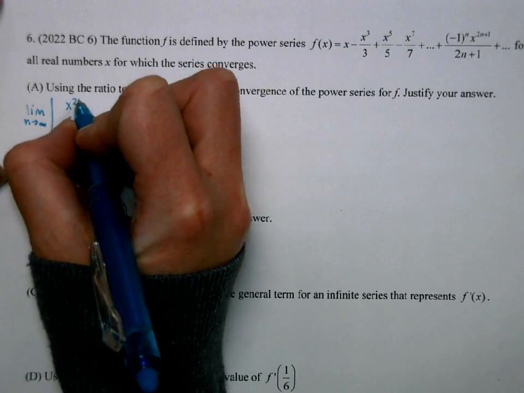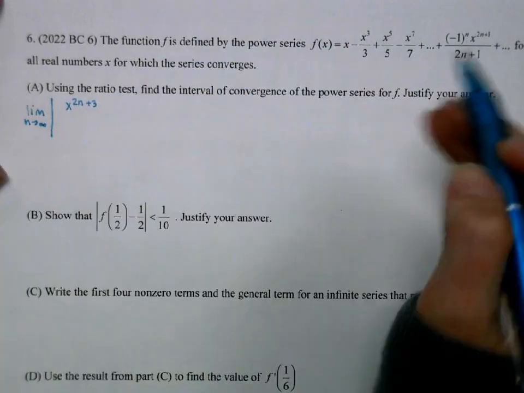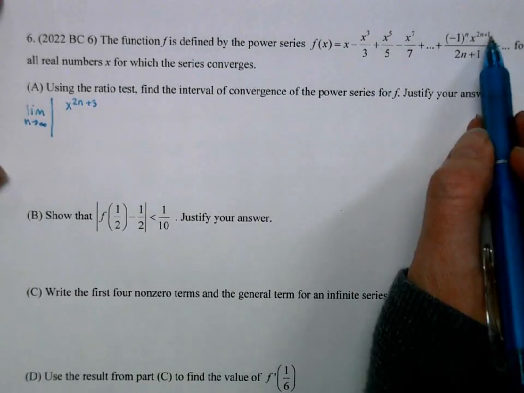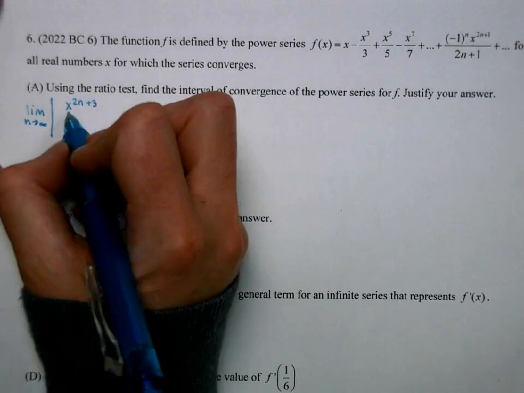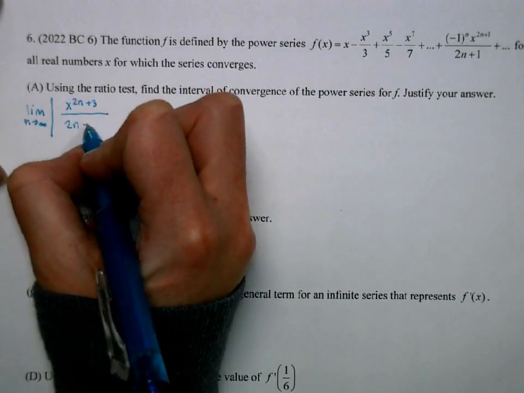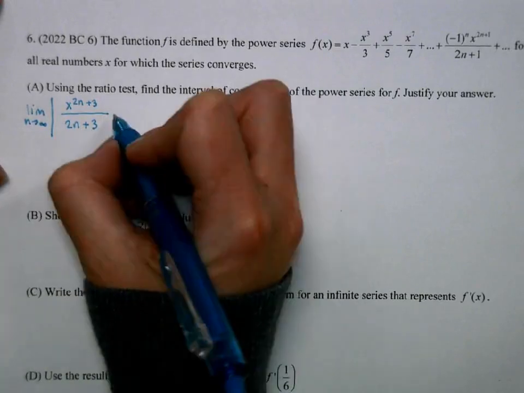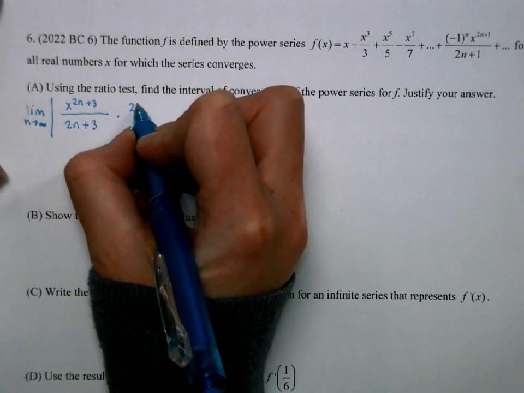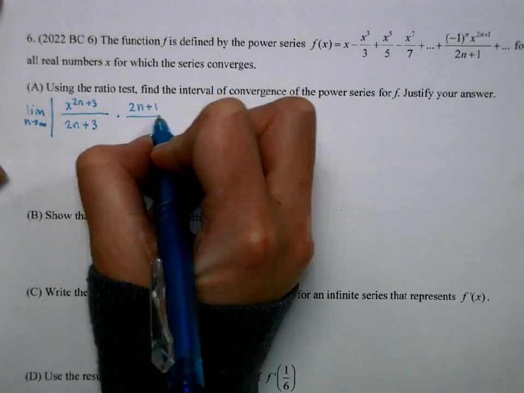Okay, so since these are going up by 2, the next term would be 2n plus 3. And same in the bottom. And then I'll multiply by the reciprocal, 2n plus 1 over x to the 2n plus 1.